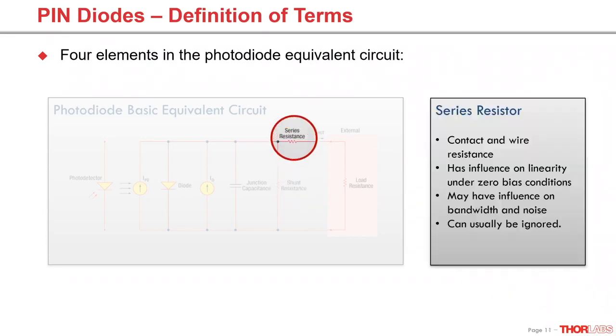As a last element, there is a series resistance that arises from the contacts and the wire bonds of the photodiode and mainly determines the linearity of the photodiode under zero bias condition. If there aren't excessively long connection cables, it can usually be ignored.